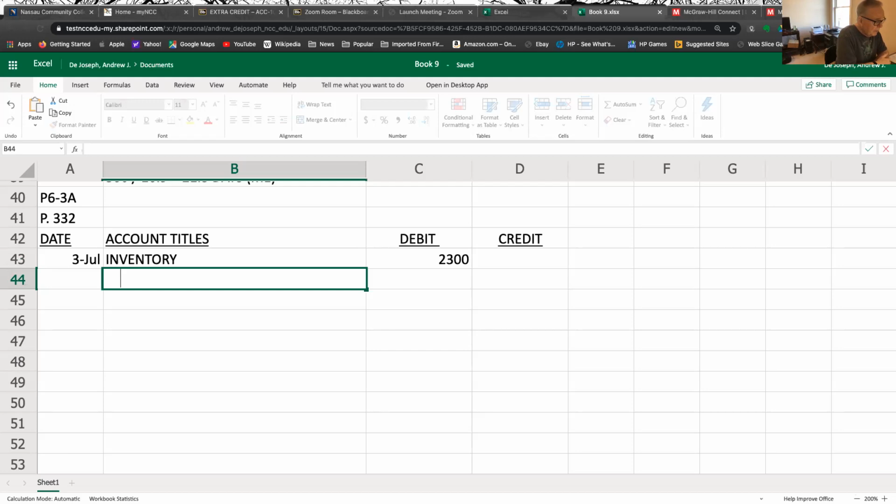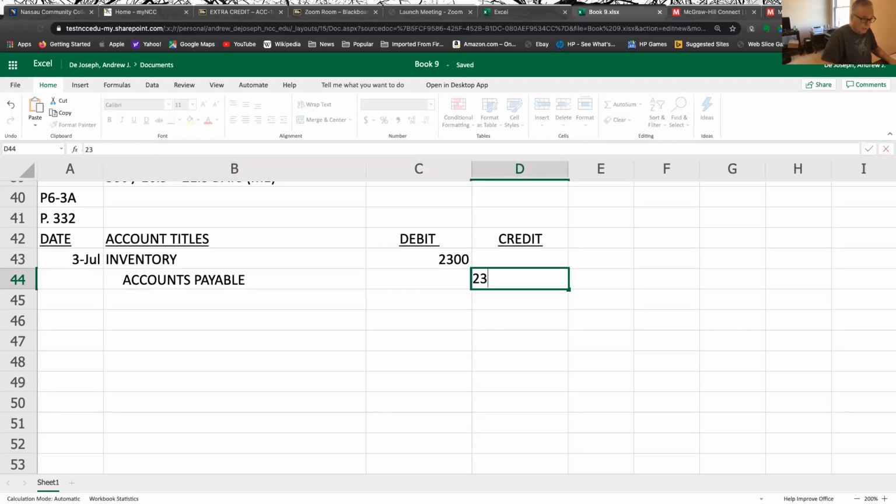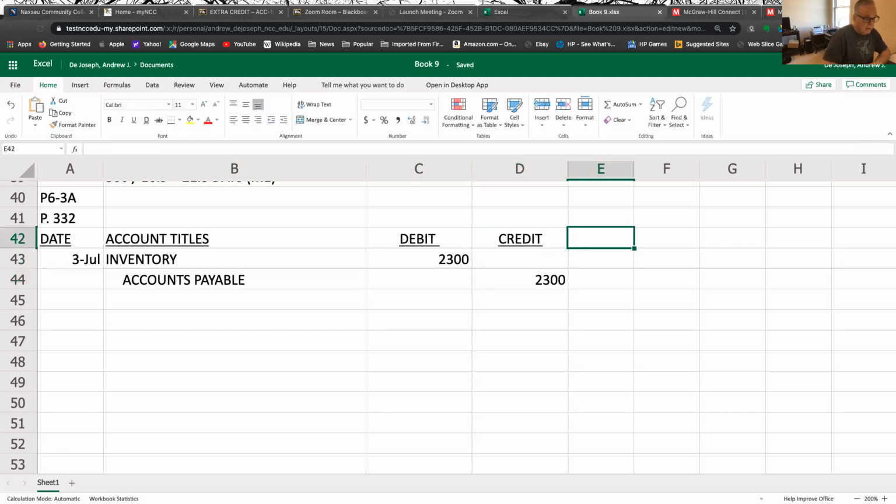If I can pay within 10 days, I get to save 1%. If I pay longer than 10 days, then I have to pay the full 2,300. So that's accounts payable, $2,300.